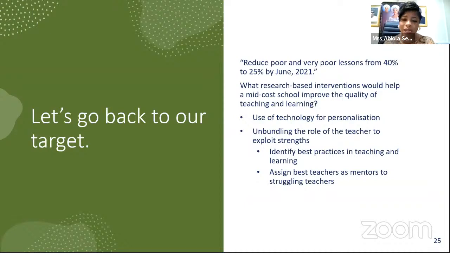So how are we able to identify who can be a mentor, and how can we give some sort of terms of reference for what that relationship could be? So even if you have 2 or 3 struggling teachers in your school, how can you support them with the teachers that are already on ground that are doing a great job? Not only doing a great job, but have shown that they're good at helping others also.